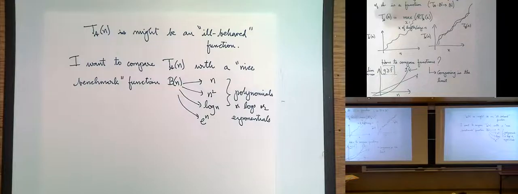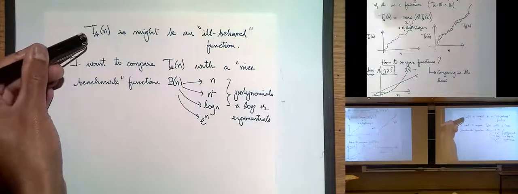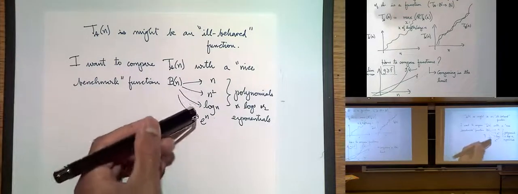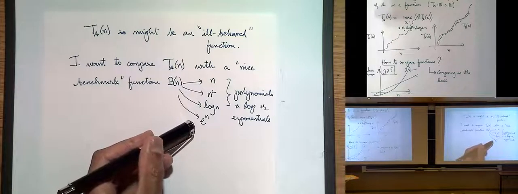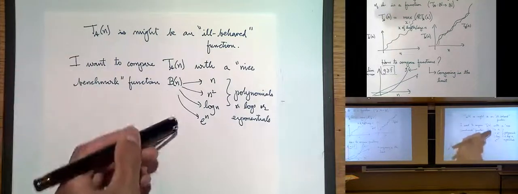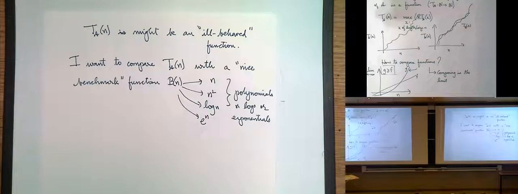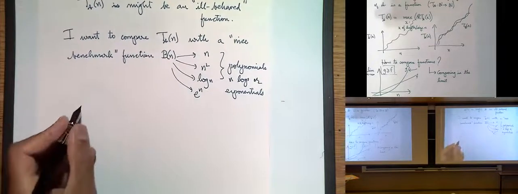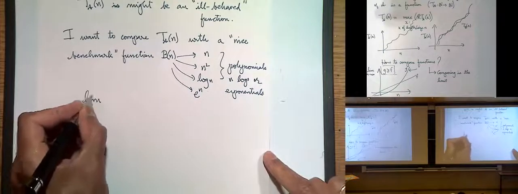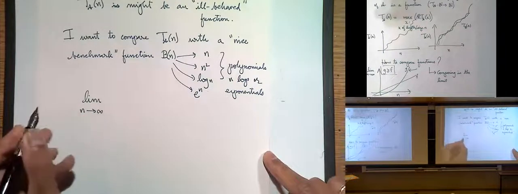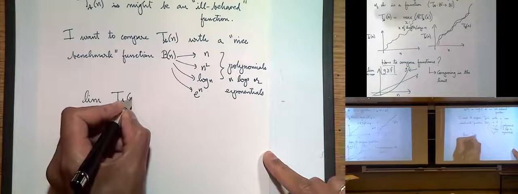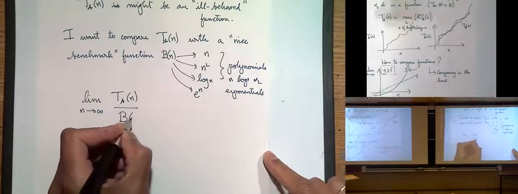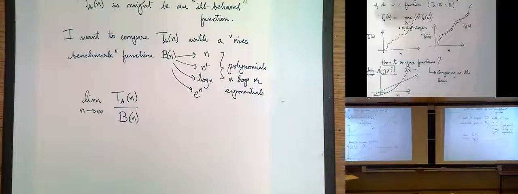So what you want to do is compare your ill-behaved function to a nice function, so that we can relate the running time. The way this works is we look at the limit as n goes to infinity of Ta of n divided by B of n.